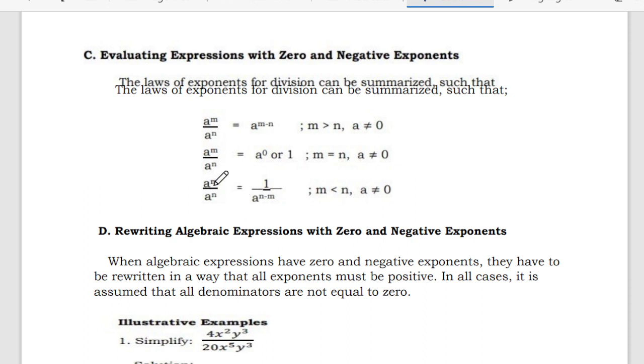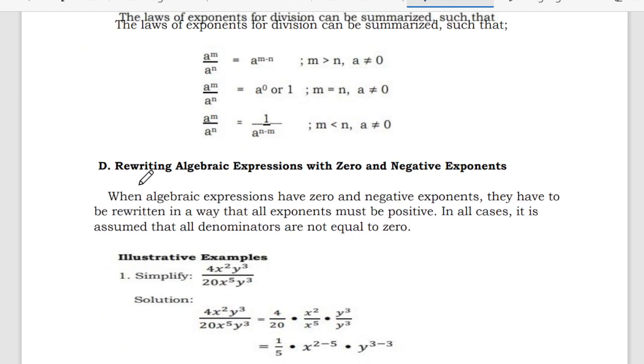And if the value of n is greater than m, you can simplify it by writing 1 over a raised to n minus m, wherein m is less than n. When n is bigger than m, this is how you are going to simplify.